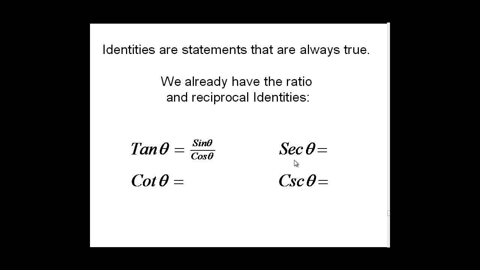Secant as a fraction is 1 over cosine. Cotangent is the reciprocal of tangent, cosine over sine, and cosecant is the reciprocal of sine. So those are reciprocals and ratios as far as identities go.